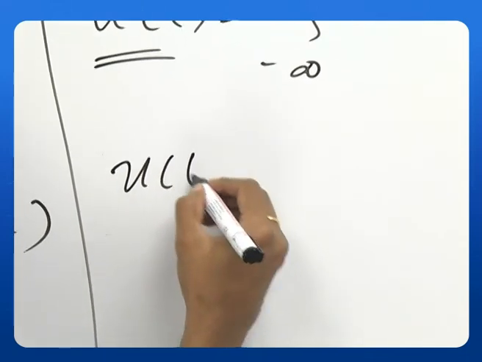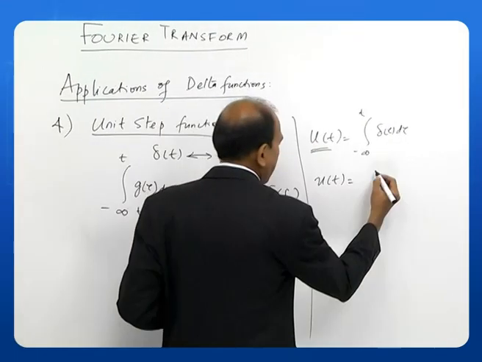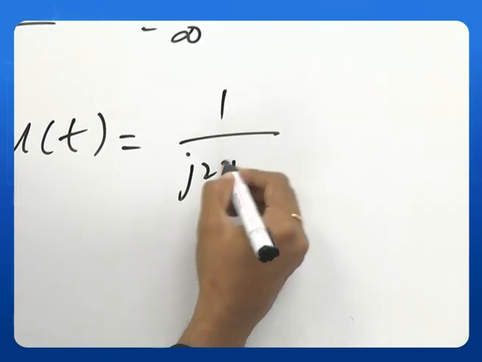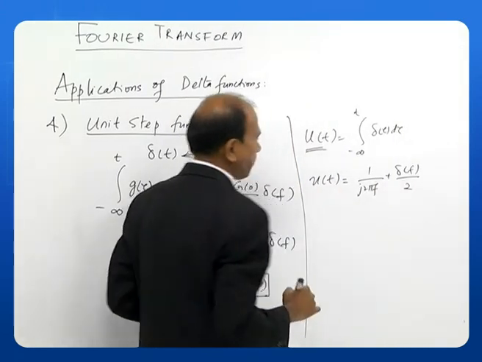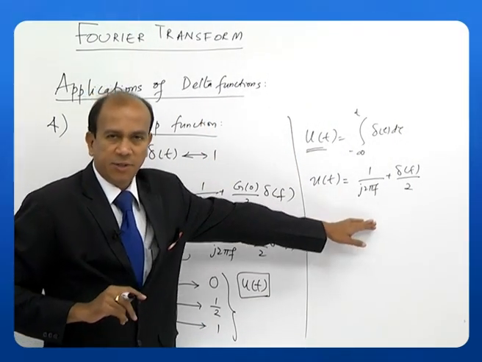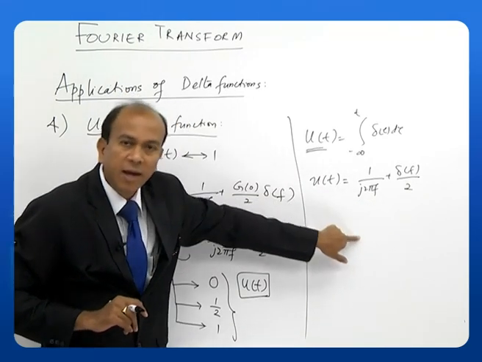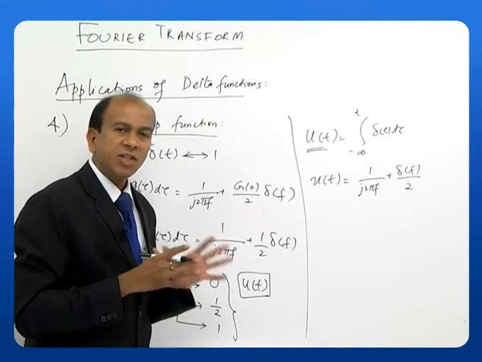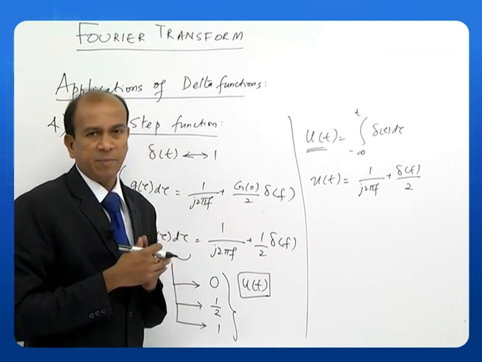We have just seen that it will be equal to 1 by j 2 pi f plus delta f by 2. So, this is the unit step function, u of t is equal to 1 by j 2 pi f plus delta f by 2. Let us draw the time domain representation and the frequency domain representation here.